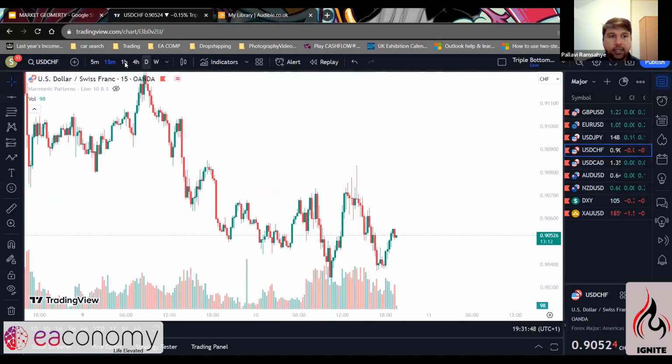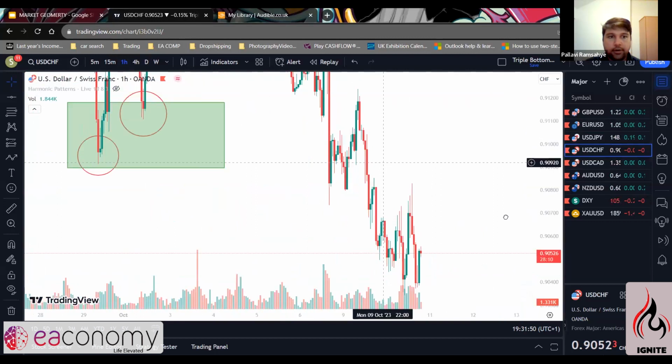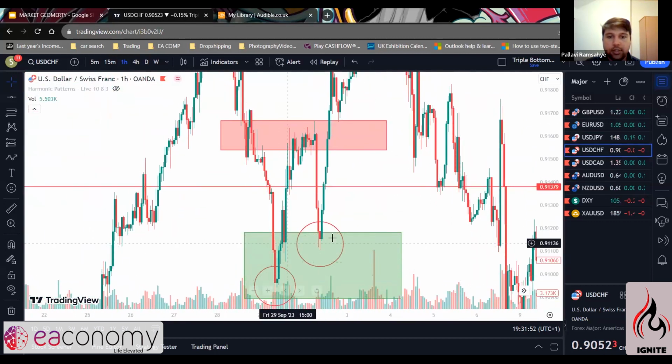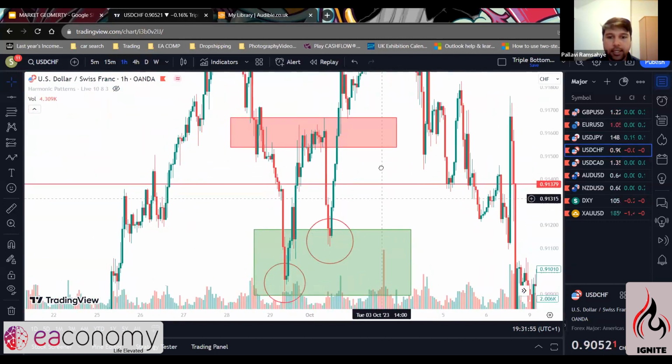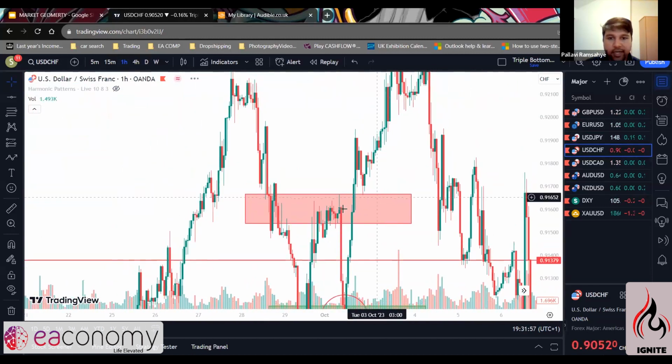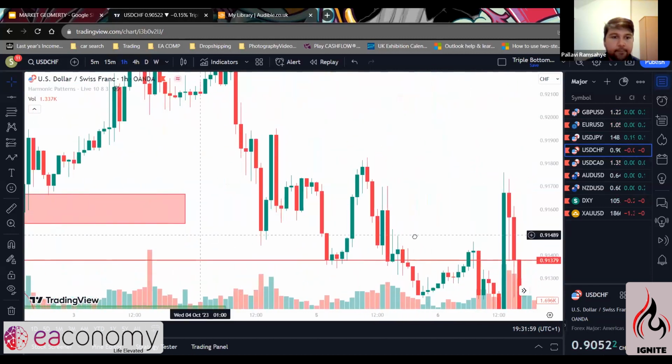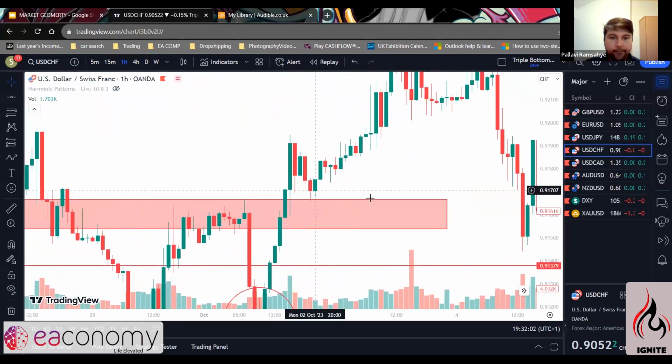There it is. So again, this one's not the most ideal support zone here. However, it did play out the way we were looking for it to play out.